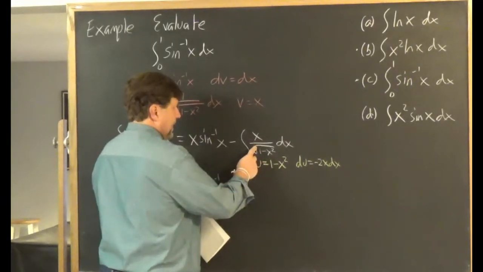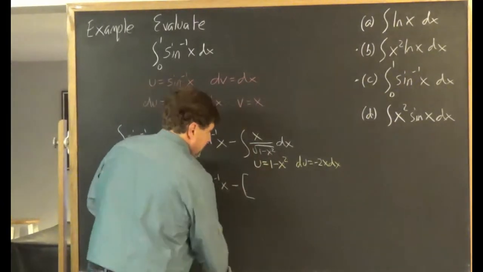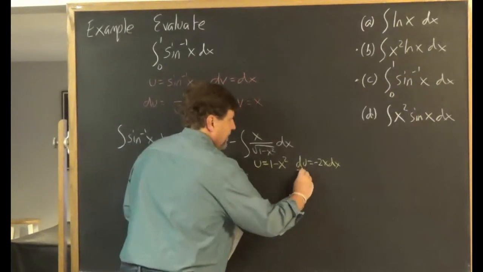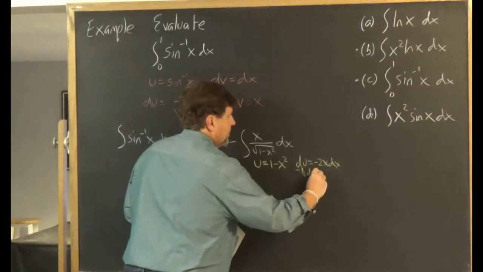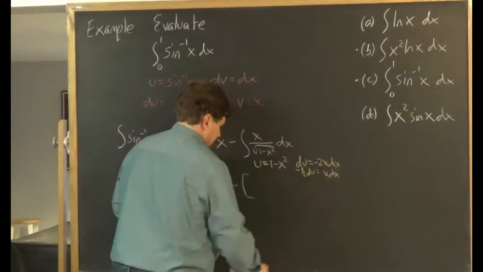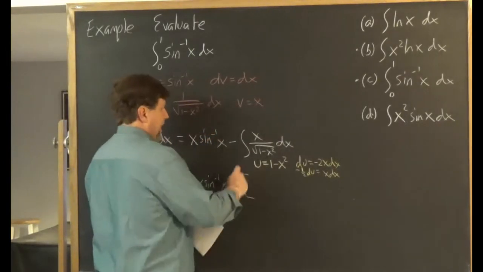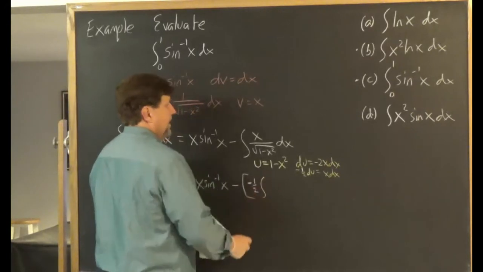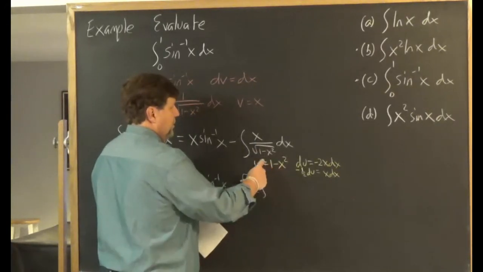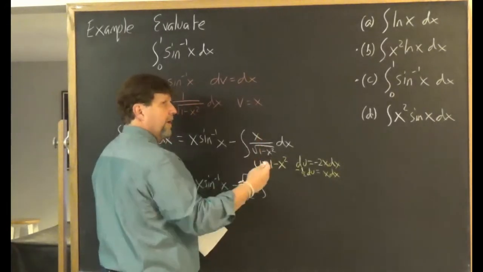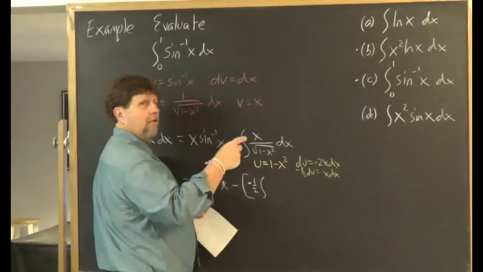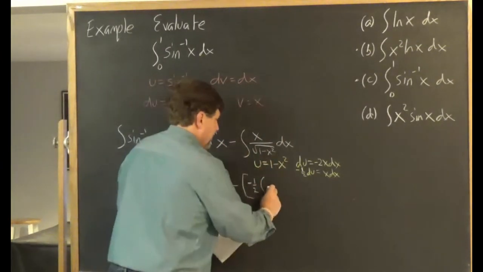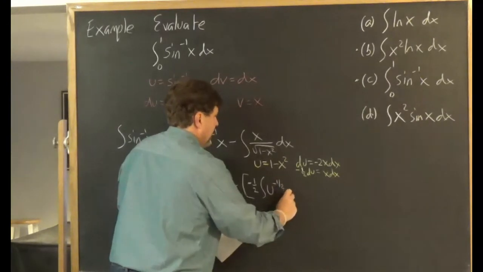I'm going to have to put a negative 1/2 du in for the x dx. So the negative 1/2 will come out in front of the integral. So there's my du, so I'll have a 1 over the square root of u. Well, 1 over square root u, that's u to the negative 1/2.